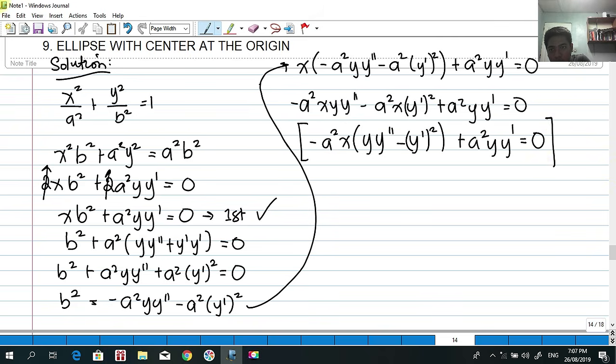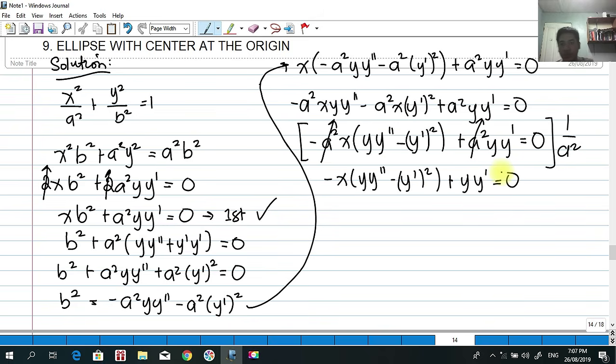Okay? So if we multiply this equation by 1 over a squared, then definitely this a squared would be cancelled. Correct? That's correct. So we now have negative x, y y double prime minus y prime squared, plus y y prime is equal to 0. Voila, we have eliminated the arbitrary constant.